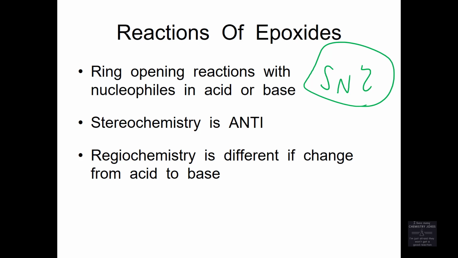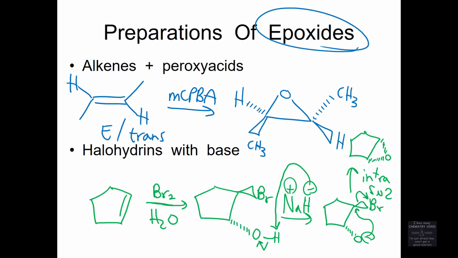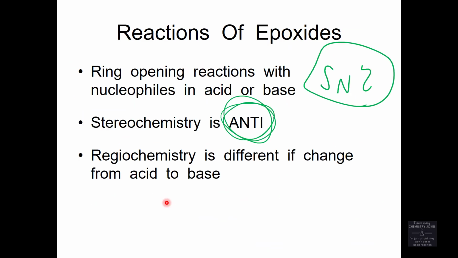Because you're busting open a ring, you get anti-addition. Have you ever seen a three-membered ring get busted open and give you anti-addition? Like maybe a bromonium, maybe a mercurinium? Yeah.